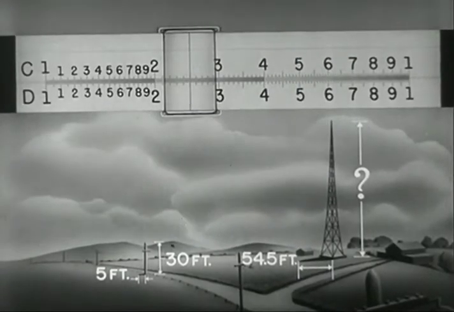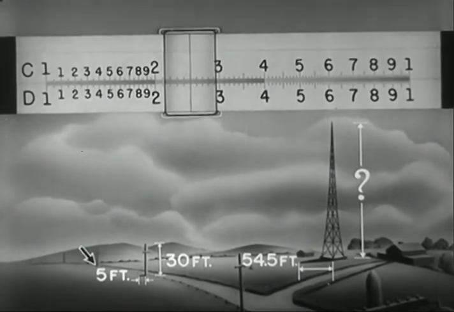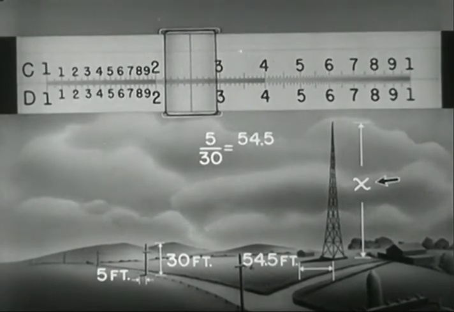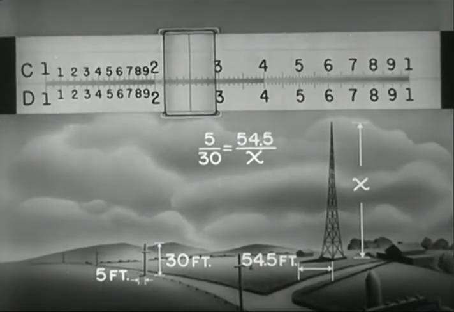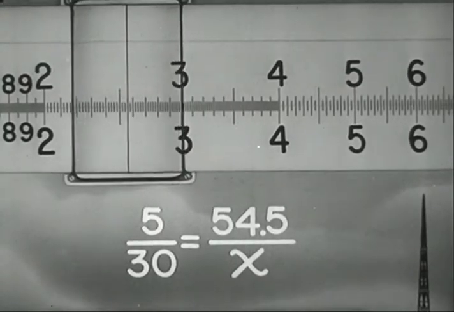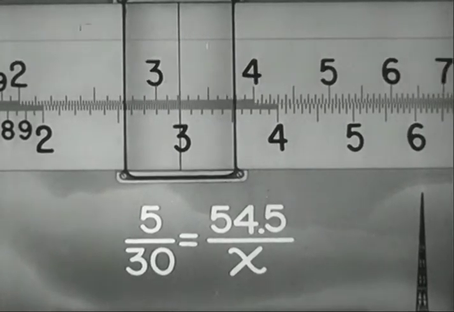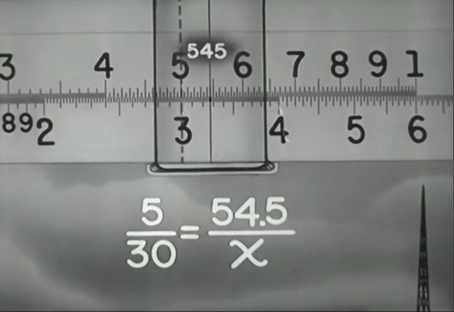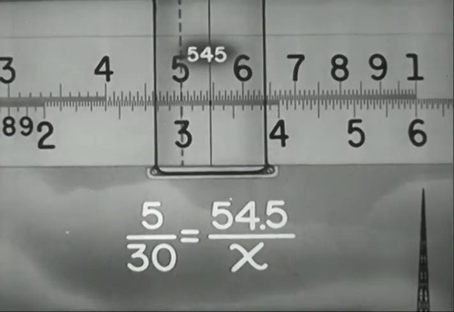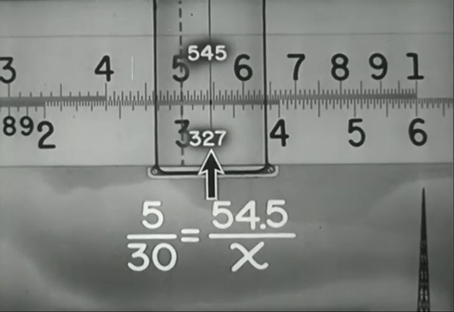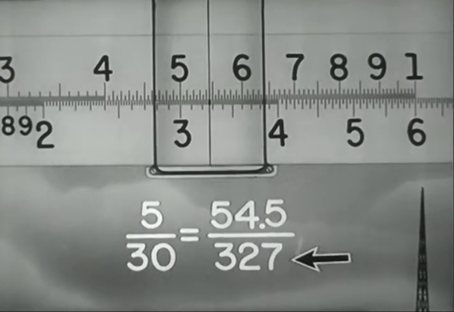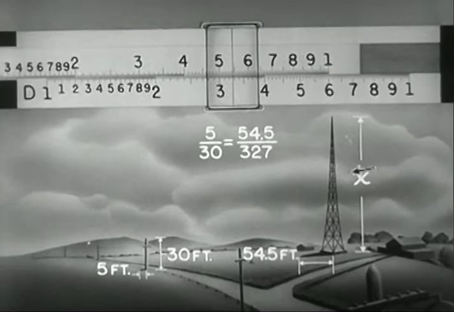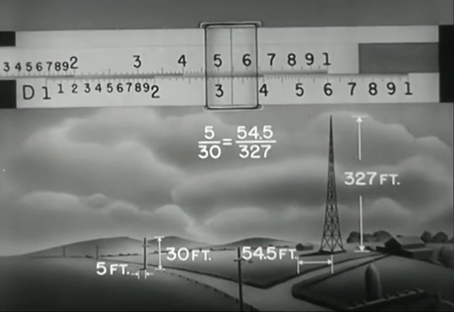The problem may be stated in terms of proportion. 5 is to 30 as 54.5 is to X. To 3 on D, slide 5 on C. Push the hairline to 545 on C. Under the hairline, read the answer 327 on D. The height of the tower is 327 feet.